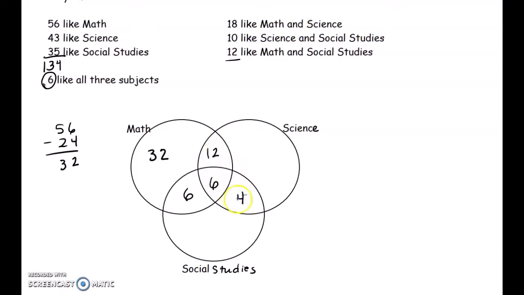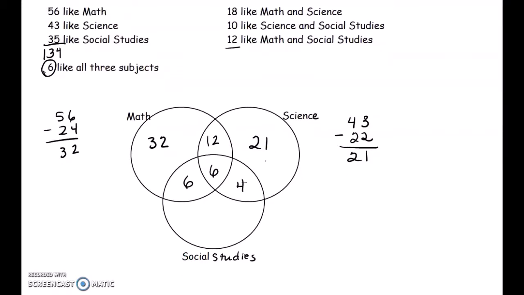And here we have 22 people that already said they liked science of some sort in conjunction with another class. And we have a total of 43 that were reported to like science. So that leaves 21 that only liked science.